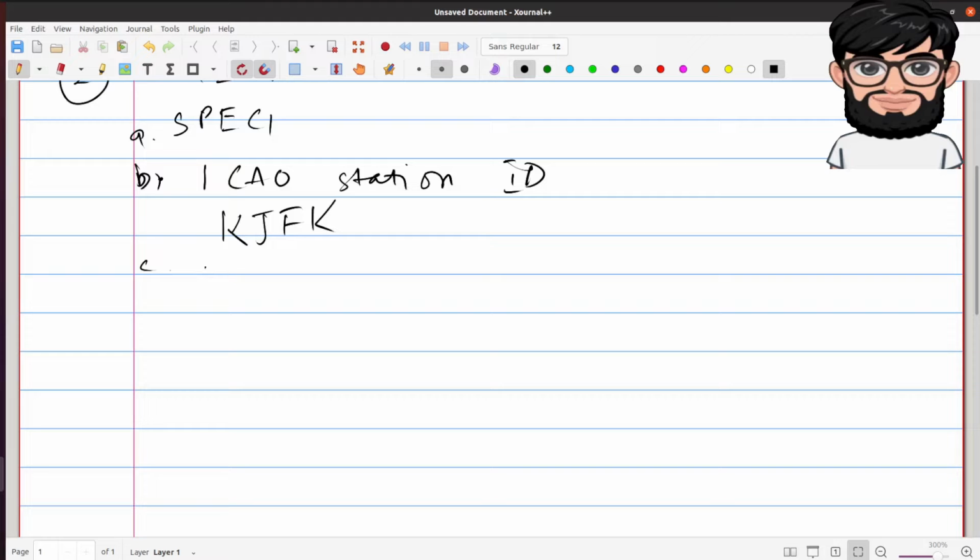Then you would see a date and time. It's a 6-digit date-time group appended with Z for UTC, in Zulu.